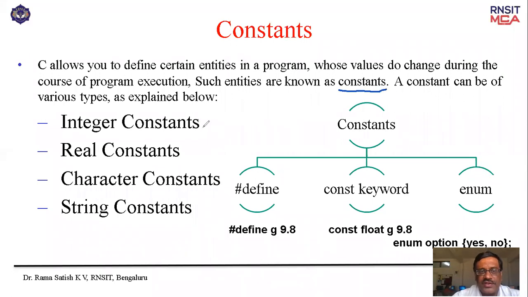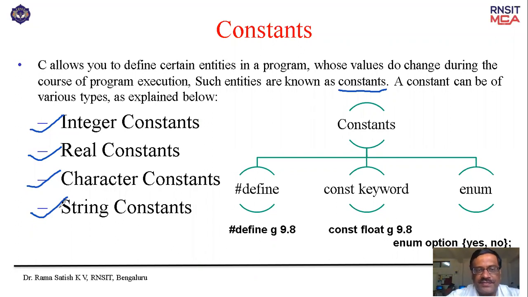Constants can be of four types. Remember, there are four types of constants in C program. The first one is integer constant, a constant that has an integer value. Real constant, that has a floating value or scientific value. Character constant, a single character. String, a set of characters.